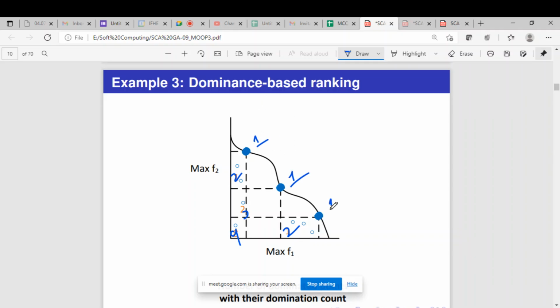All these points, their rank will be 1, because is there anybody towards the right and top of this individual? Nobody is dominating them, so their rank is 1. So somebody who is not dominated by anybody, their rank will be 1. Somebody who is dominated by one individual, their rank will be 2.